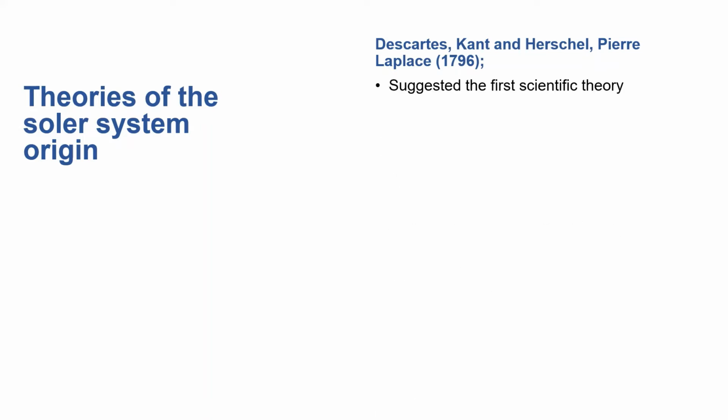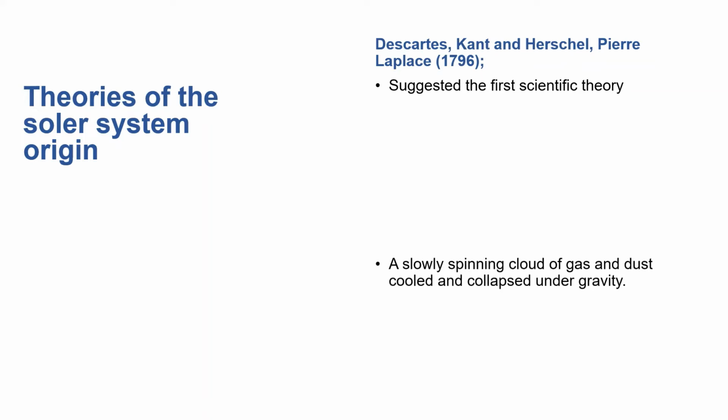Now, the first written theories about the origin of our solar system were written by philosophers Descartes, Kant, and Laplace in 1796. They suggested the first scientific theory explaining the origin of the solar system.